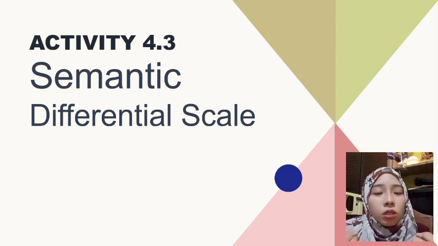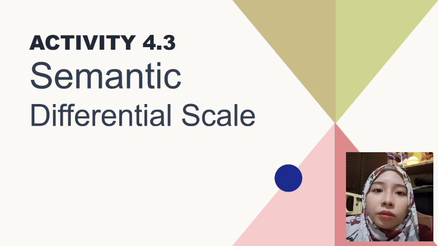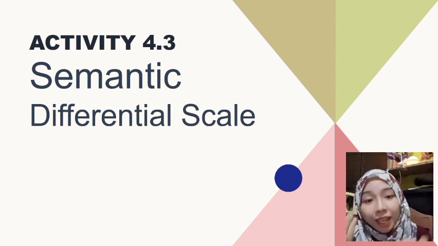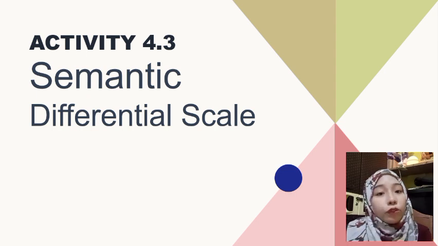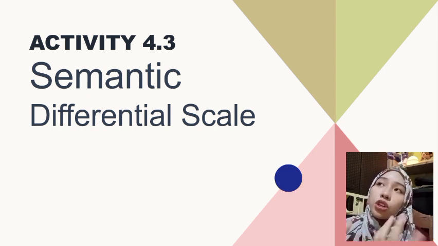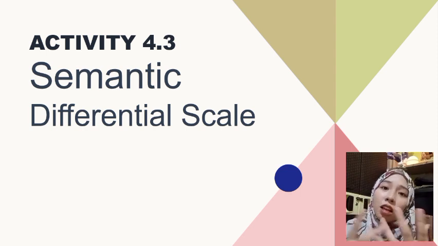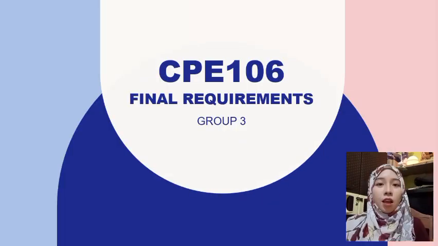It is most likely an ideal scale or assessment activity that is commonly performed in, let's say, workshops, after workshops, activity lessons, and such things. So that is the semantic differential scale.